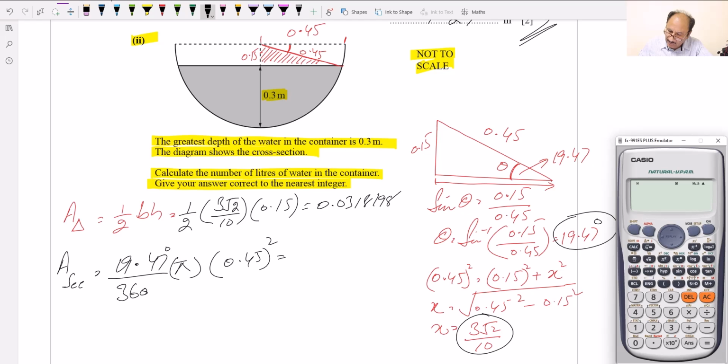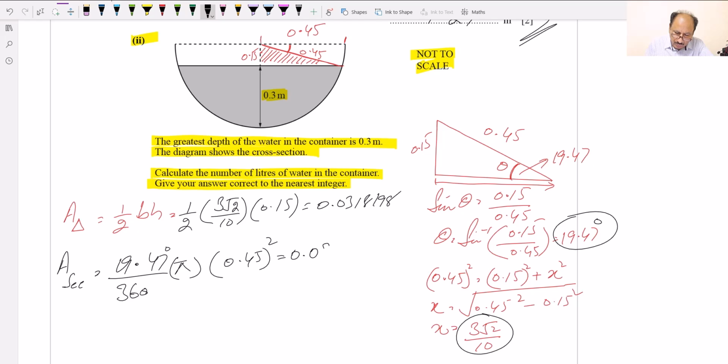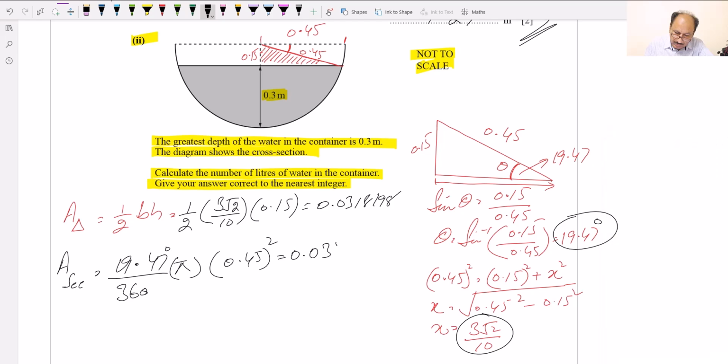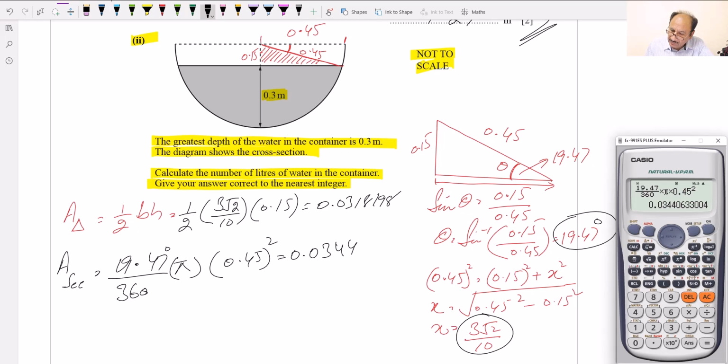So we can find this as 19.47 over 360, multiplied by pi, and then multiplied by 0.45 square, and this is giving us 0.0344.